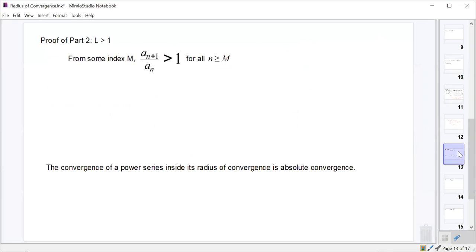All right, what if L is greater than 1? This one's a lot easier. If the ratio that we get between them is greater than 1, what does that tell us? If we start at, we'll just call it A sub capital M this time, if the ratio is greater than 1, what's the relationship between A sub capital M and A sub capital M plus 1?